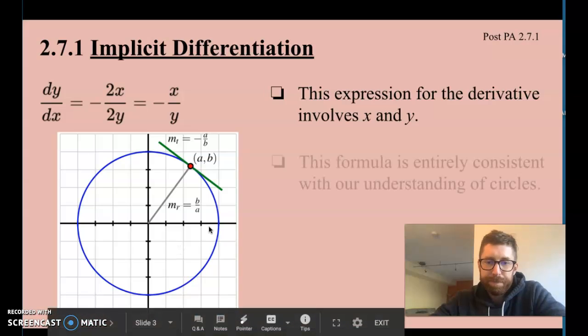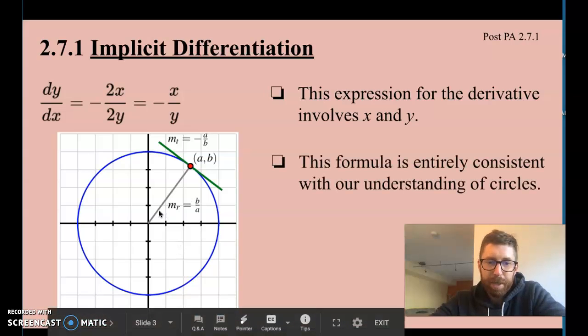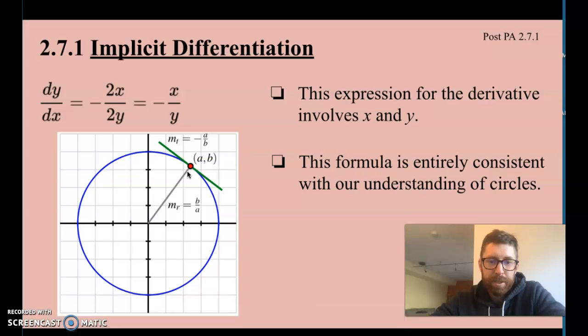This is really cool. So if you think about it, this is my circle right here, right? So this is my original equation, this blue equation centered at 0, 0 with a radius of 4, right? So the slope of this gray line is going to be rise over run. So if the point's at (a, b), the slope is going to be b over a.